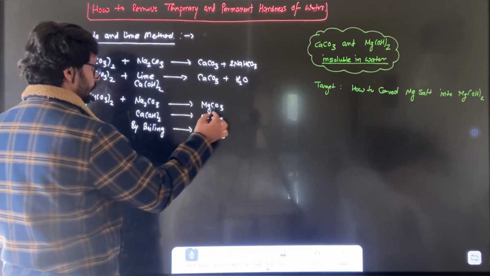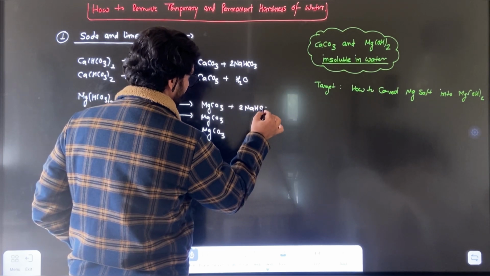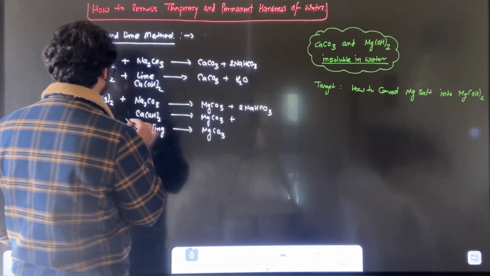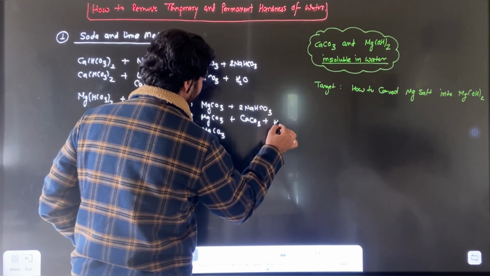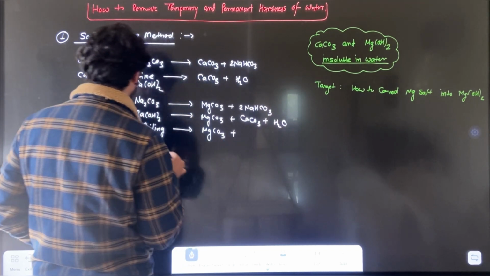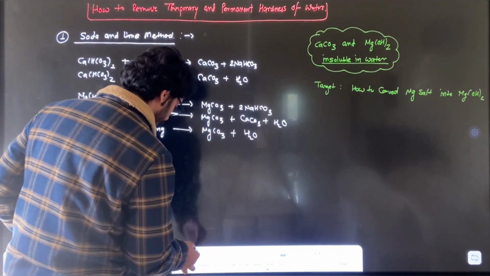In the soda method, the side product is sodium bicarbonate. In the lime method, the other compound is calcium carbonate and some amount of water, and by boiling we get water as a side product, right?